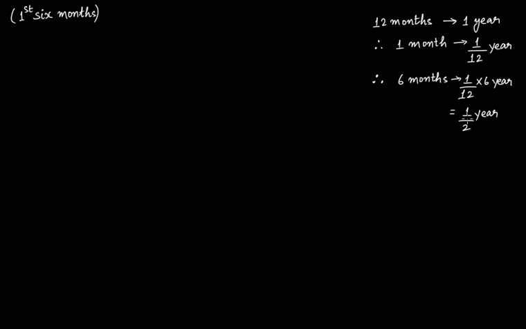So when you calculate the simple interest, you'll have P multiplied by R multiplied by T divided by 100.